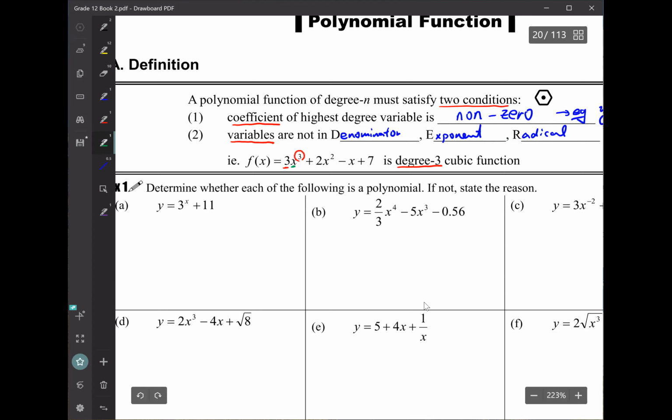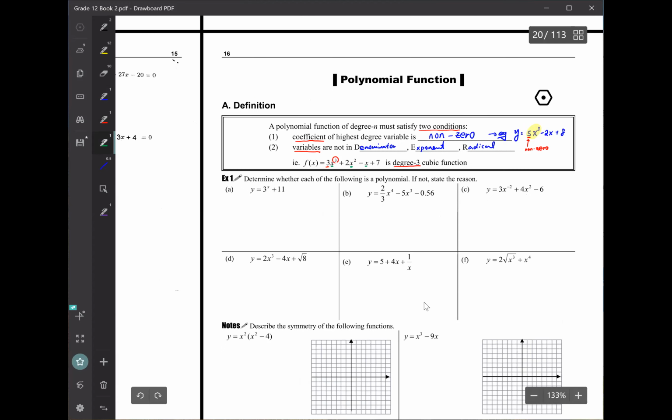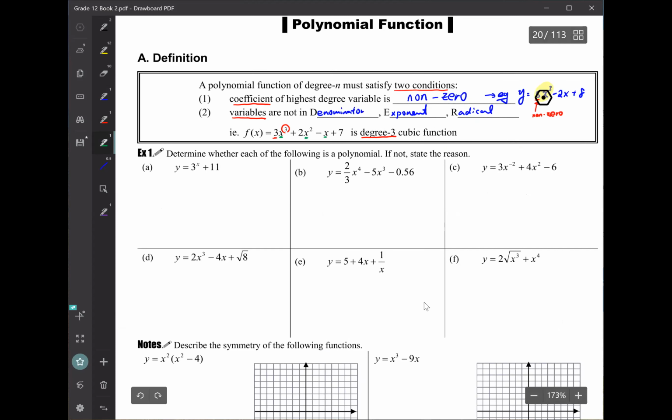The x, all the x, they are not in denominator, not in exponent, and not in radicals, okay? So question 1 is very easy. You just check the two conditions and then determine if it's a polynomial. So you can write yes or no. And if it's no, write down why, okay? For example, you write down whether the variable is in different places, okay?